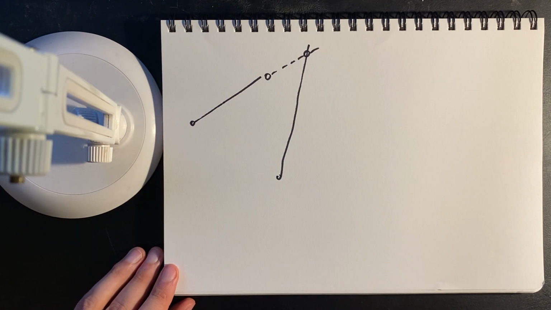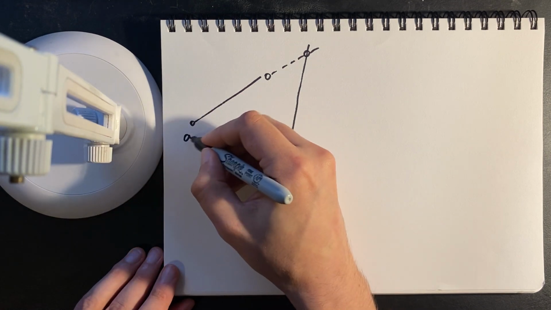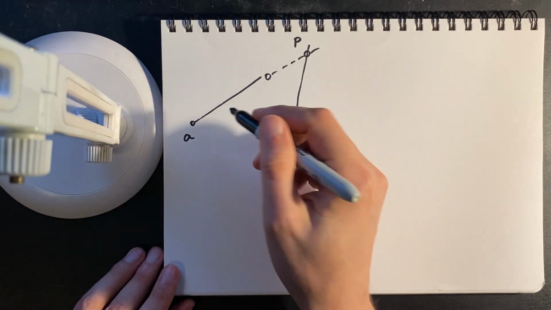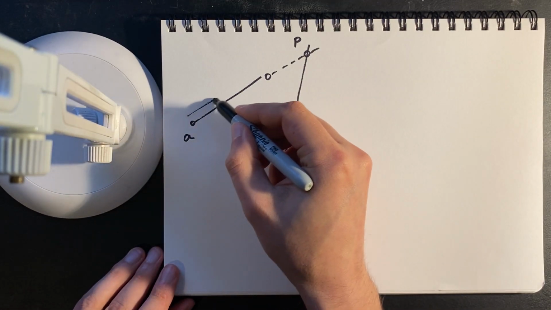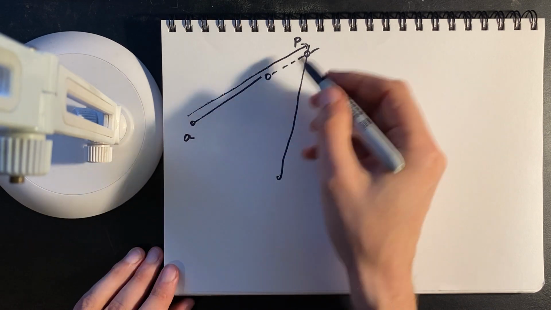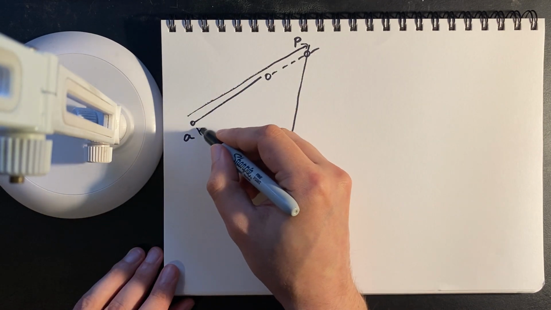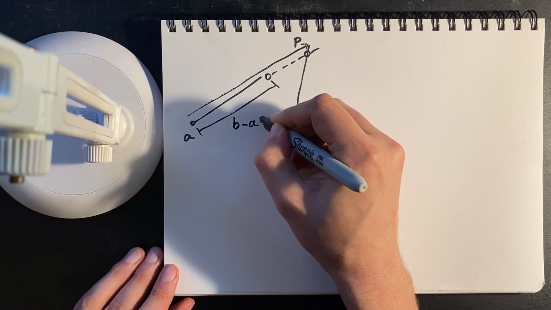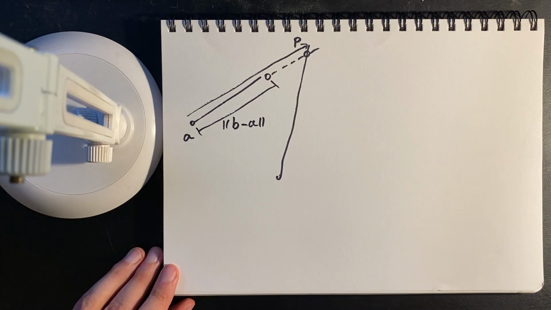So we need to check for this as well. What we can do is take the direction vector where we would theoretically be hitting the wall and measure how far that is out from the start point, and then divide it by the span, which is the length of b minus a.